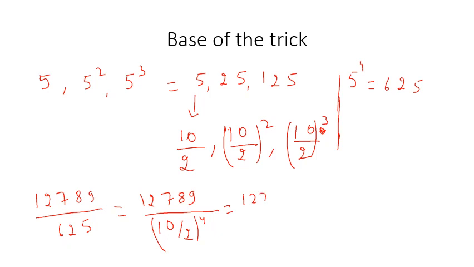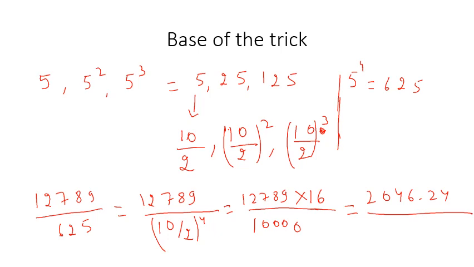So 12789 will be into 16 divided by 10,000. You can find the value for this. Solve it in your mind. The value for this will be 20.4624, so this will be your final value.